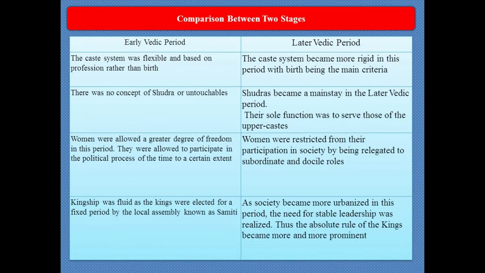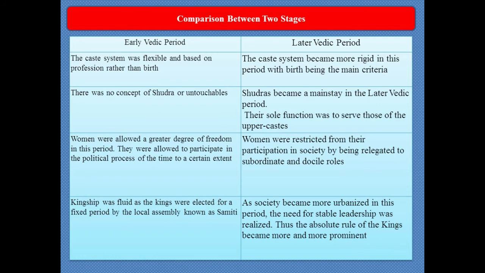So this is actually the comparison between the early Vedic period and the later Vedic period. The later Vedic period underwent tremendous changes. The position of the Shudras became vulnerable as compared with early Vedic stages. The women's position was also restricted, and society became more and more urban during the later Vedic period.